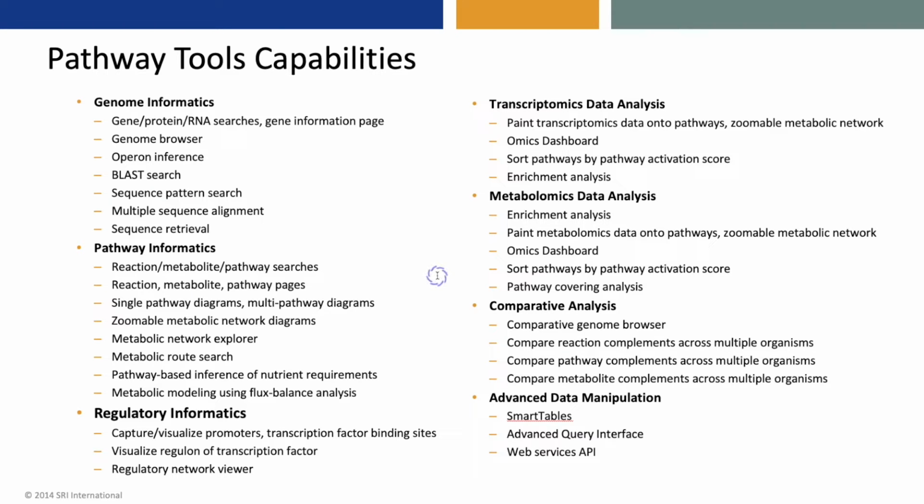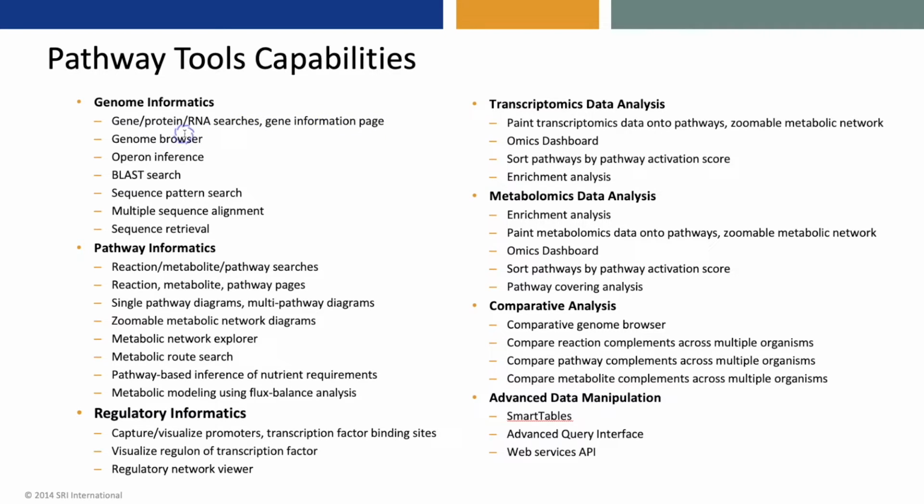Now, overall, Pathway Tools has extremely broad capabilities, spanning genome informatics, pathway informatics, regulatory informatics, omics data analysis, and comparative analysis. And all these tools can be brought to bear on any PGDB created from a MAG. So for example, we have searches for genes, proteins, and RNAs, and a gene information page.